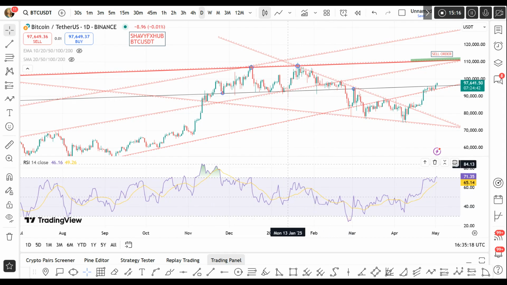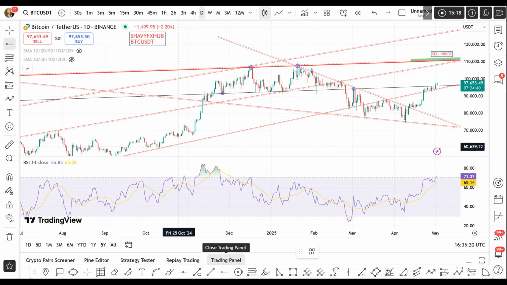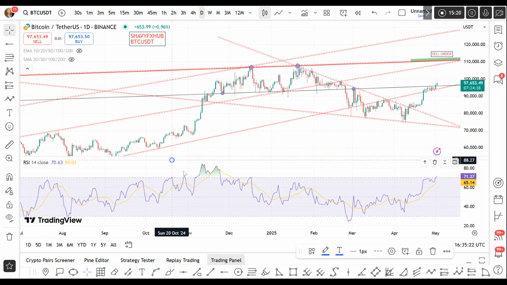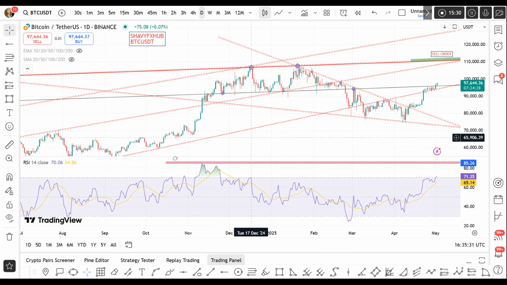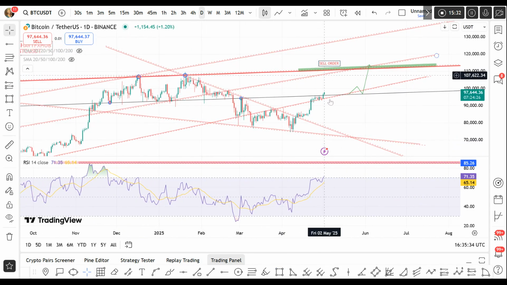a case of sell. We want to see the RSI return back into this overbought zone. A return of the RSI in this overbought zone will technically tally with our expectation of price hitting it into 113. So a push into 113, 112 will be an overbought territory.